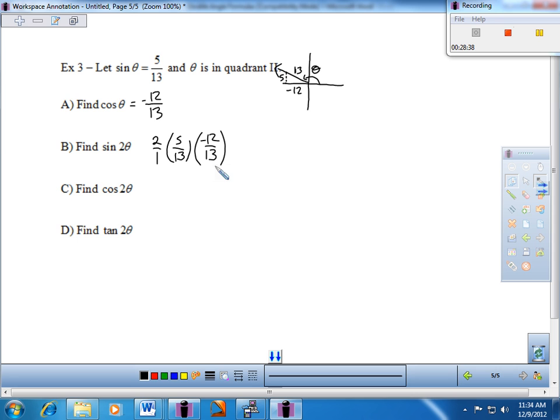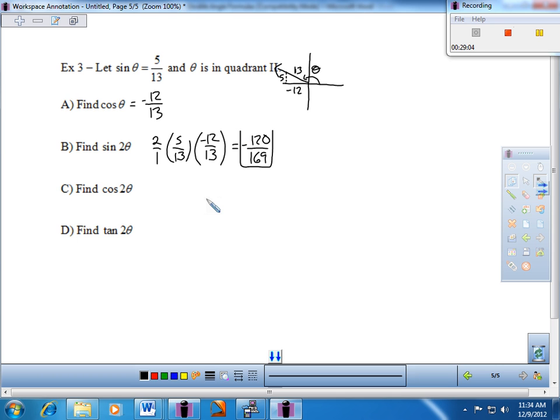So if I'm shortcutting you a touch, I'm sorry, but this is 2 sine theta cosine theta. And then very simply, I'm just going to multiply across. 2 times 5 is 10 times negative 12. I get negative 120 over 169. That would be the sine ratio of doubling this angle right here. Okay, box it up.